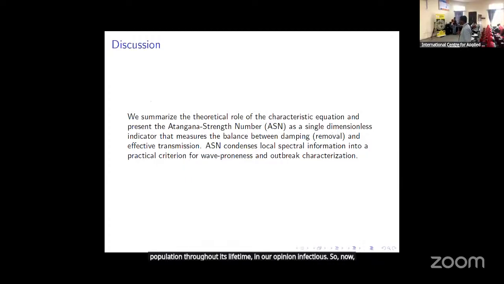With all that we have been able to do with the basic reproduction number, and also the effective reproduction number when the population is not entirely susceptible, with all that we have been able to do in epidemiology with that threshold quantity, what has the ASN come to bring to the table in terms of epidemiological insights, in terms of determining the herd immunity threshold, in terms of determining when the disease dies out?